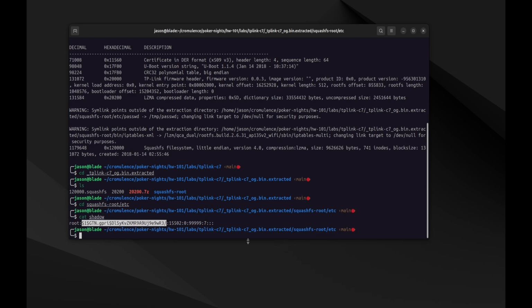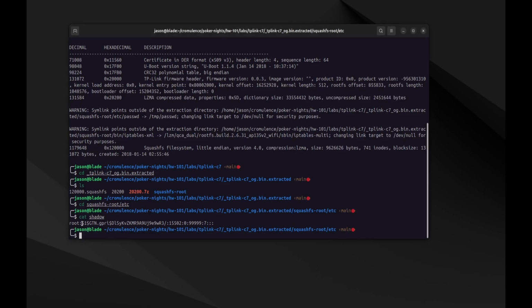So this is going to be split up into 3 sections separated by $ signs. The first one shows us the type of hash used. The second section is the salt for the hash, and then this last section is the actual hash of the password. So we can create a text file with that.